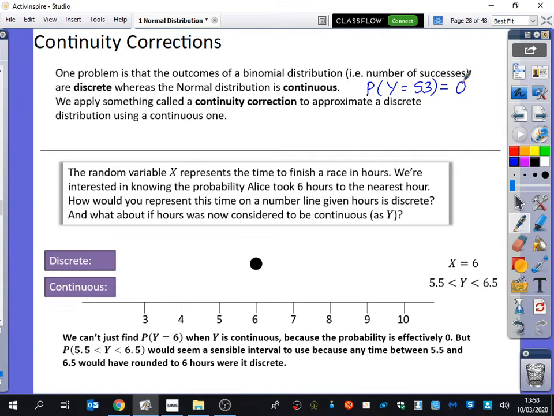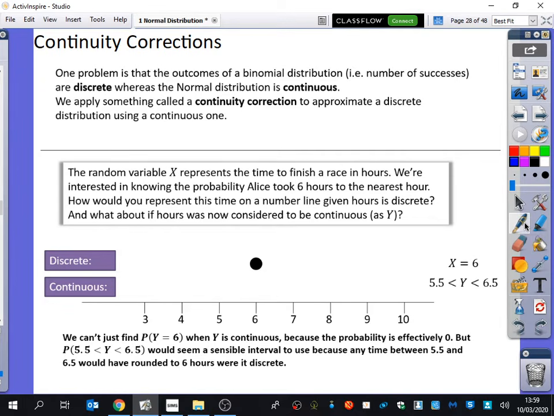What about if we're measuring heights of something? What about if it was 53.0001 centimetres? It wouldn't be included in that. So the probability of it being exactly 53 is basically 0. So that's why we have to be really careful here, because we're going from discrete to continuous. We apply something called a continuity correction to approximate a discrete distribution using a continuous one.